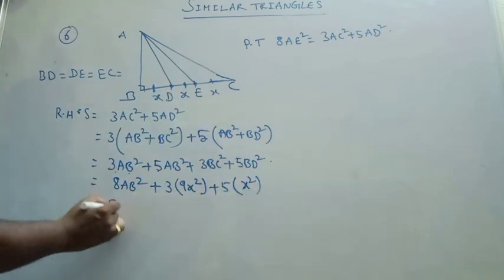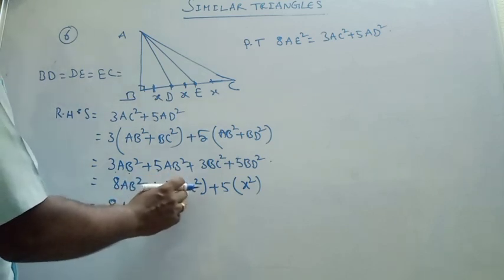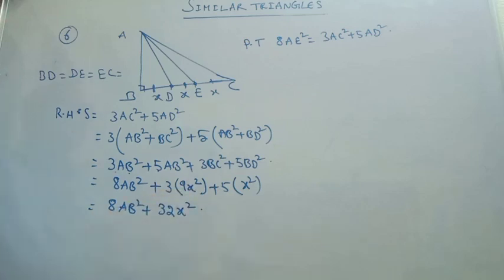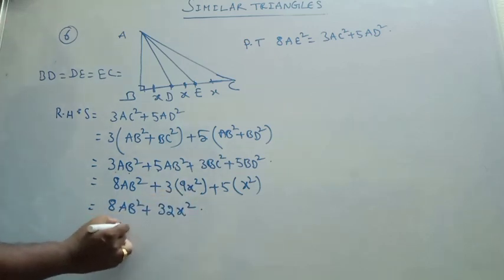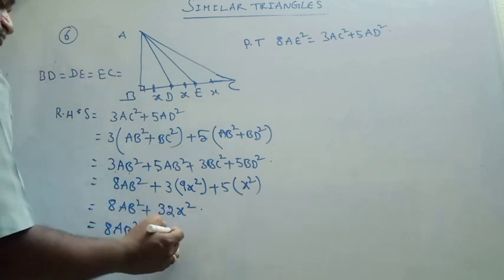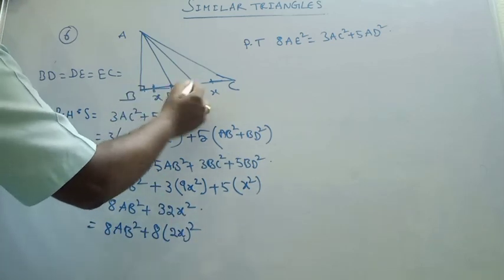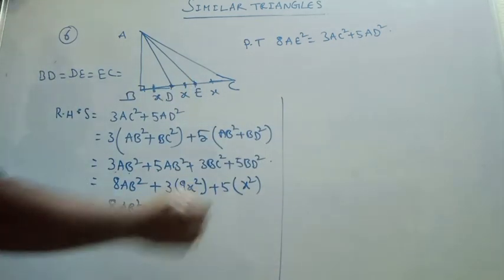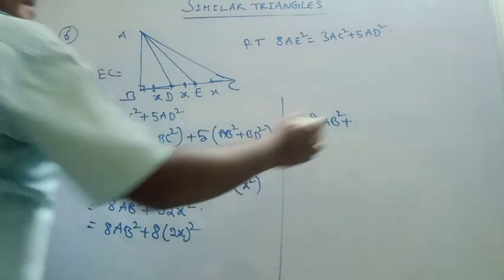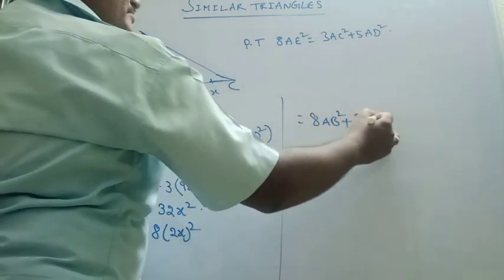Totally, you see, my dear students, you have got 8AB square plus 9 threes are 27, 27 plus 5 is 32x square. We can write this as 8AB square plus 8 into 4x square, that means 2x whole square. 2x means BD plus DE, that is BE. So this is equal to 8AB square plus 8 into BE square.